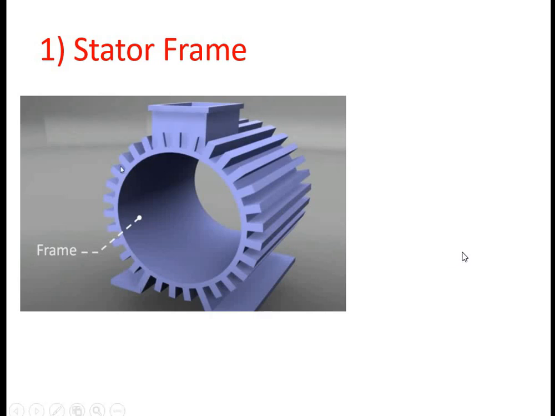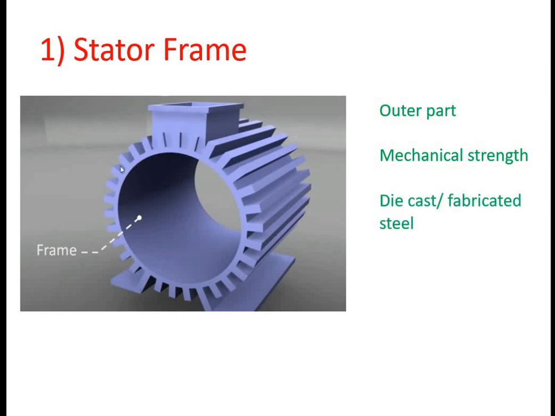It is the outermost part of the three-phase induction motor. Since it is the outermost part, it supports the stator core as well as the stator winding, and acts as a covering. So it provides protection as well as mechanical strength to all the inner parts of the motor, and it is made of die cast or fabricated steel.